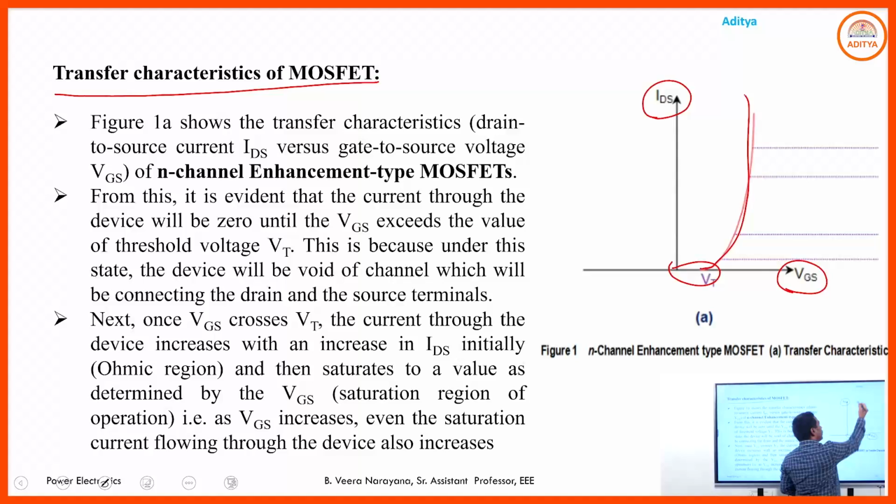After this threshold voltage, the drain current increases. At this point we treat the MOSFET as being in the on state. Those characteristics simply represent the transfer characteristics of the MOSFET.